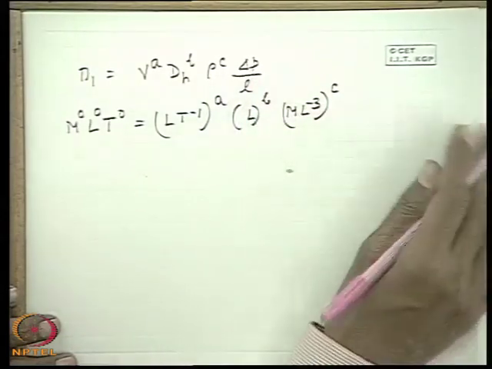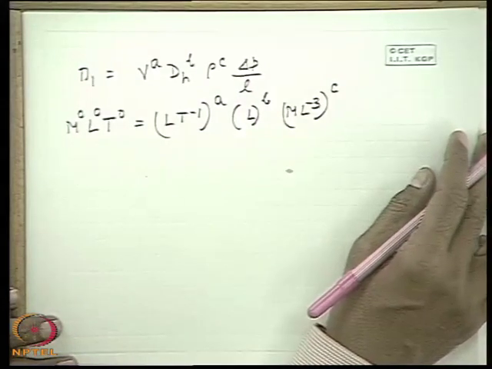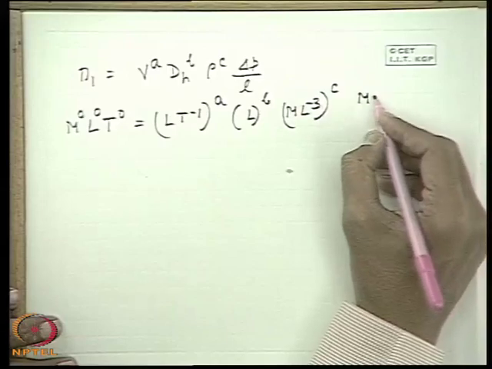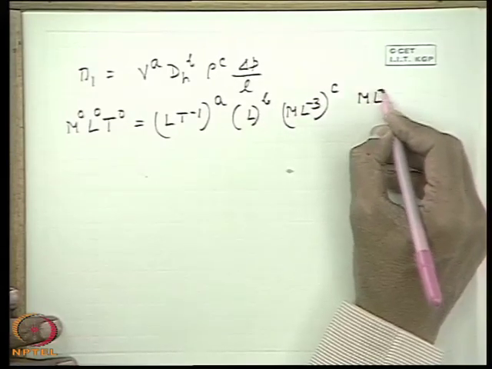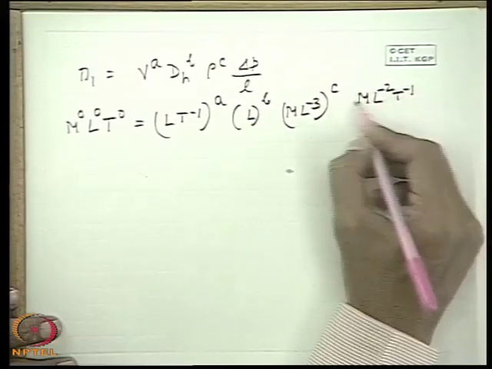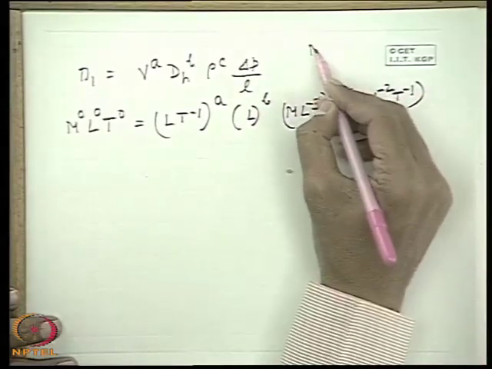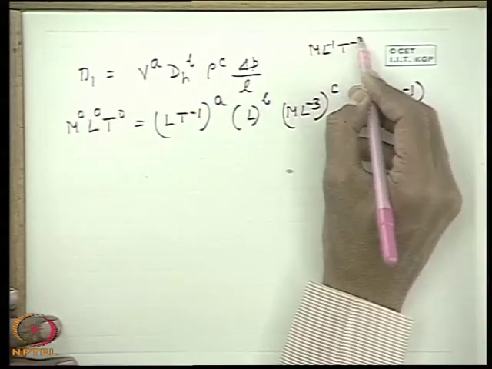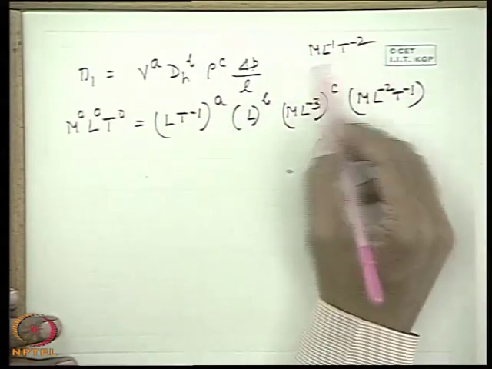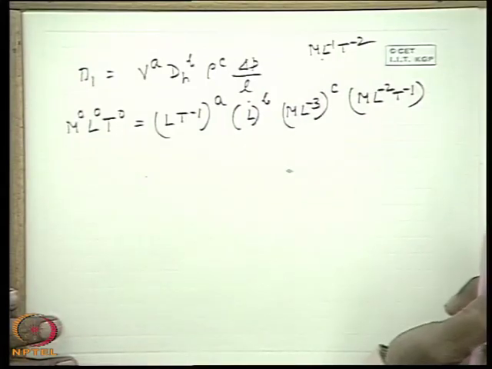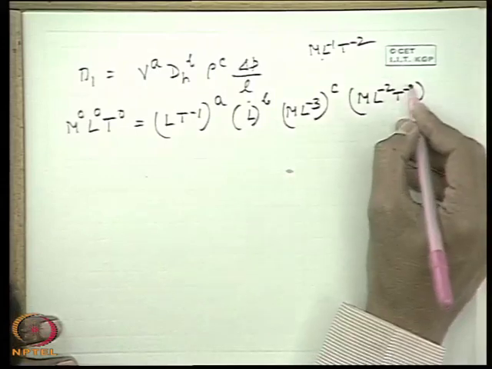What is delta P by L? Delta P is pressure, M L to the power minus 1 T to the power minus 2, that is force by area. So divided by L, we get L to the power minus 2, and T to the power minus 2.